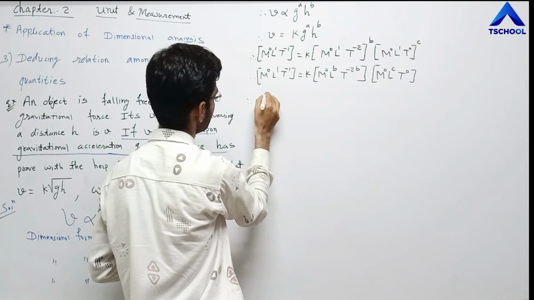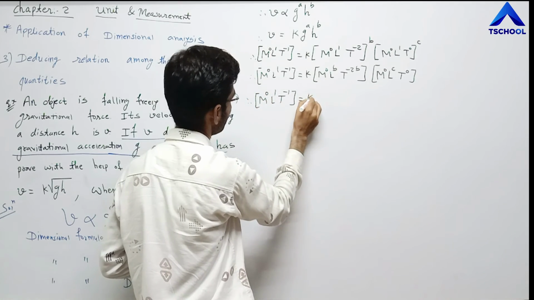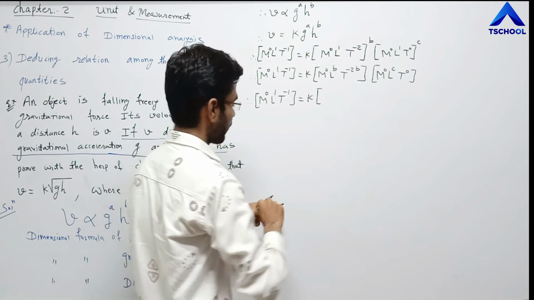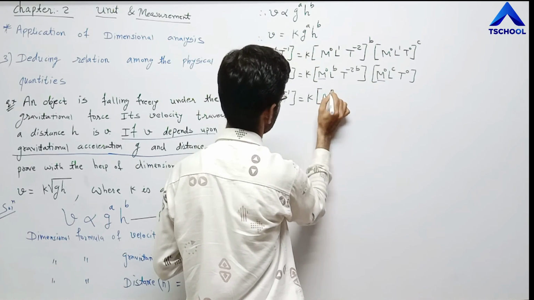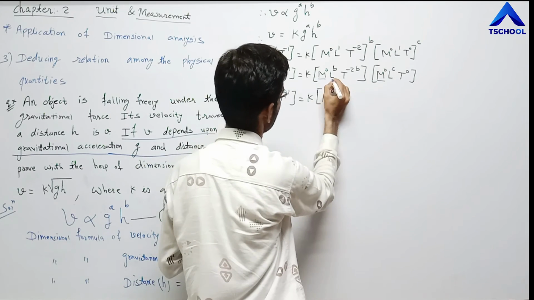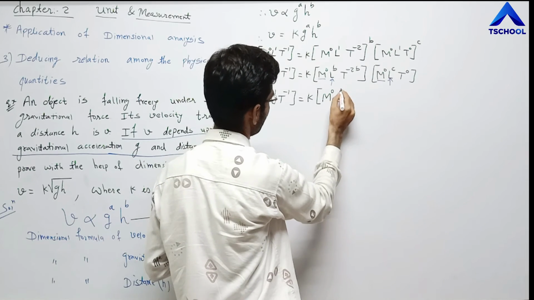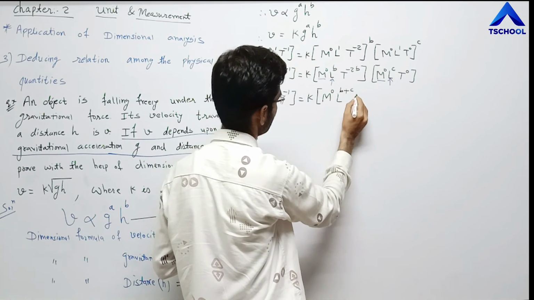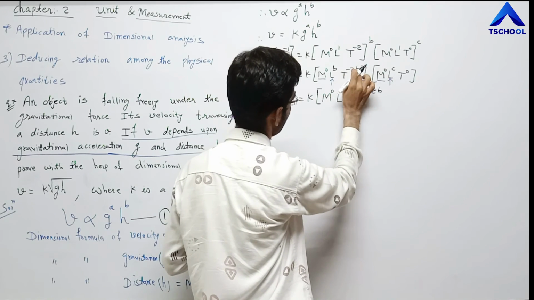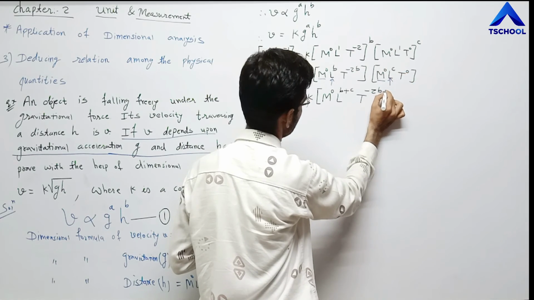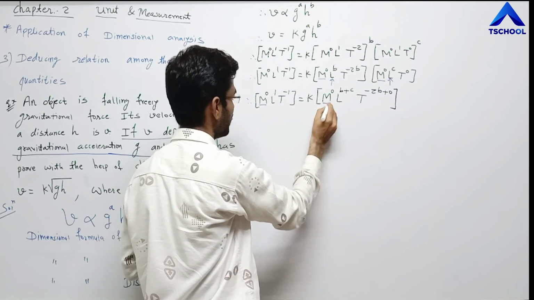Therefore M power 0, L power 1, T power minus 1 is equal to k, M power 0, L power b plus c, T power minus 2b. Now compare the powers of M, left hand side and right hand side.